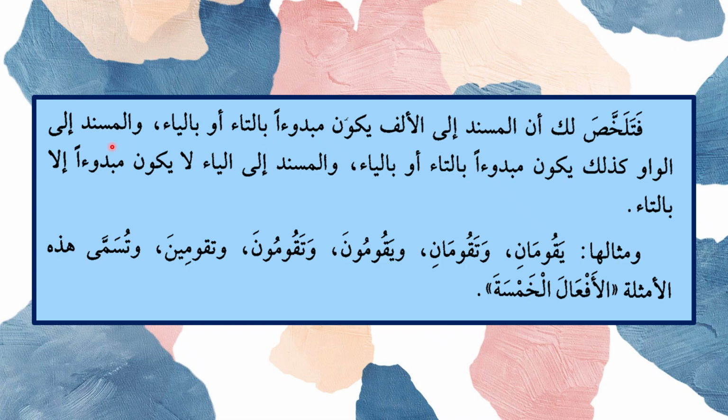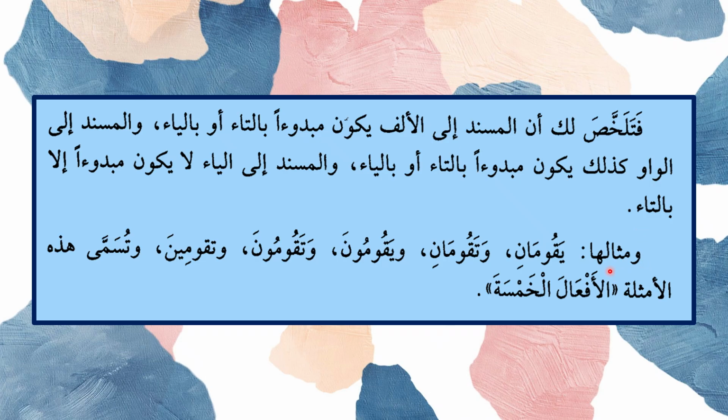And then when it is joined with the waw al jama, it can also represent the males in the mukhatib and males in the ghaib. But when it is joined with the ya mukhatiba, it only starts with a ta. It does not start with the ya. So this is the most important point you need to keep in mind.